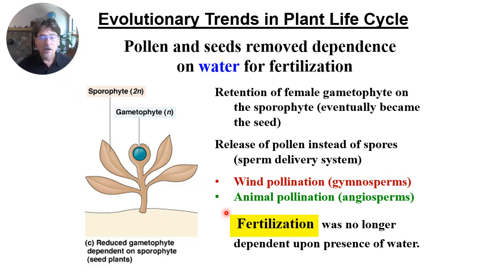In any case, the bottom line is that in this type of reproduction, fertilization no longer requires external water. You can think of it as an internal form of fertilization. That obviously allowed these plants to inhabit drier environments and colonize a much larger area than the seedless plants, which are usually quite restricted to fairly wet climates.